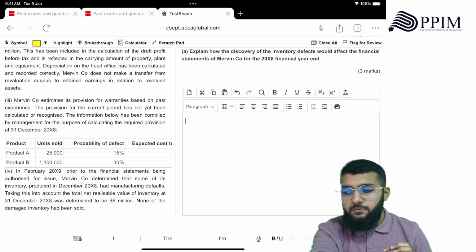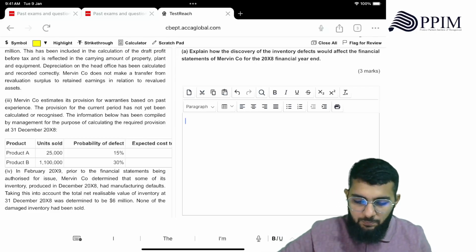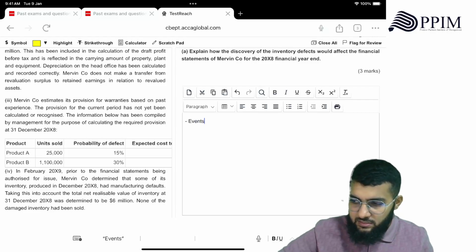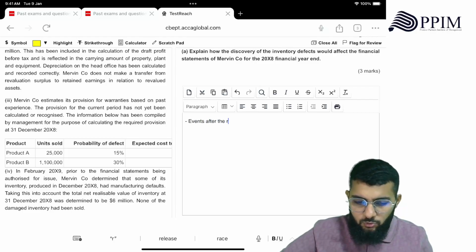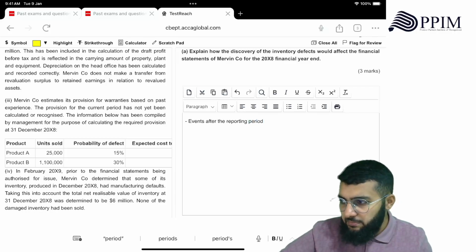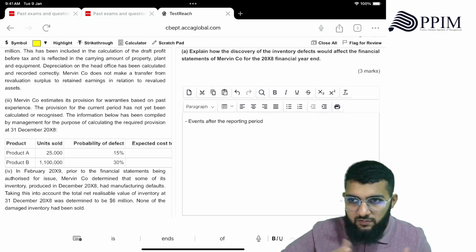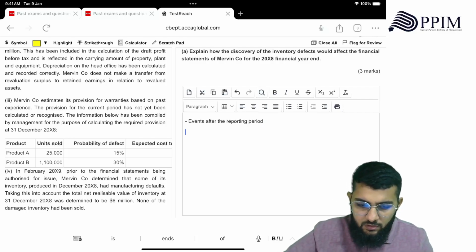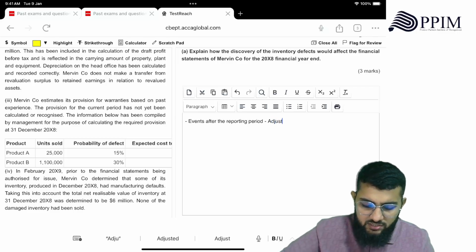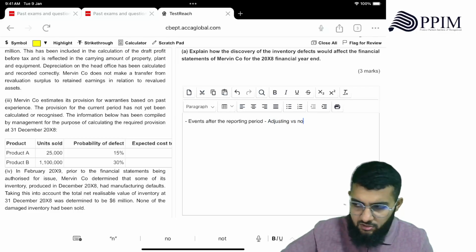Right. So now here I'll be giving in point forms what you're supposed to cover. Events after the reporting period. If you identify that correctly, just give some definition of what that is. Events after reporting period, what does that mean? And then you give some insights as to adjusting versus non-adjusting.